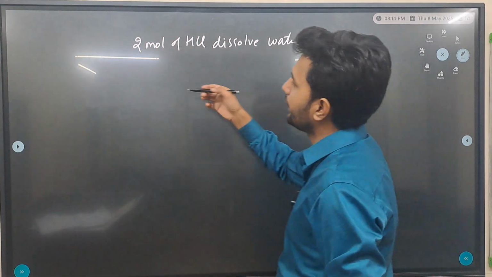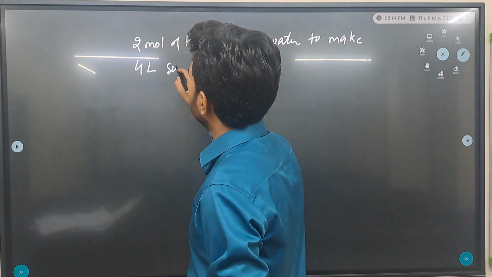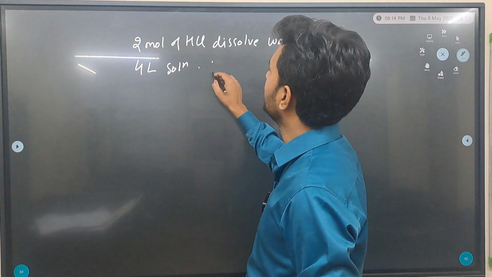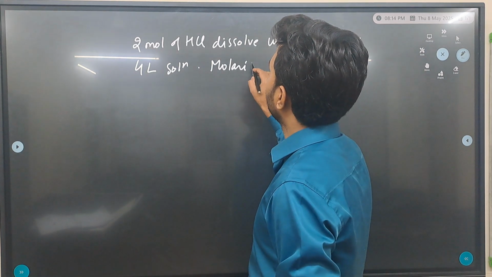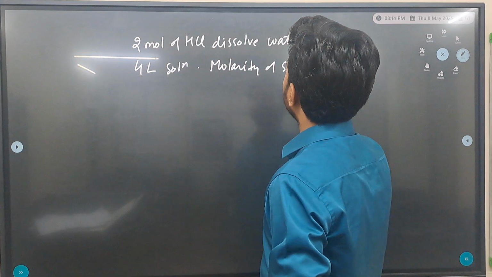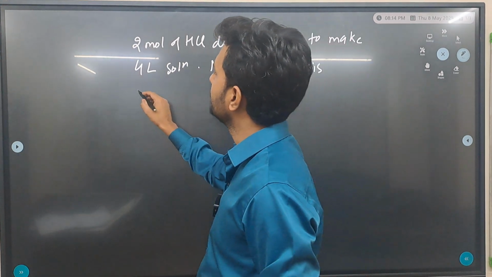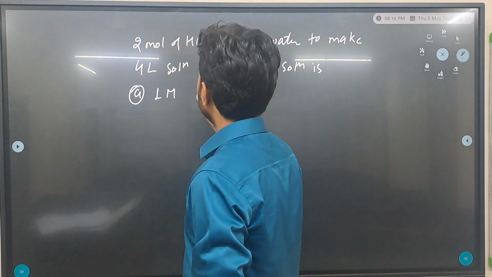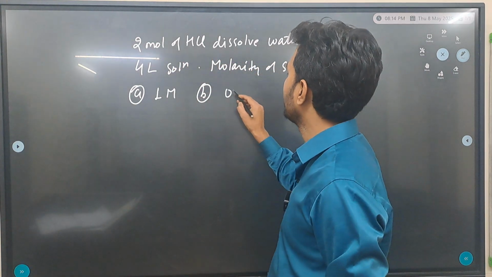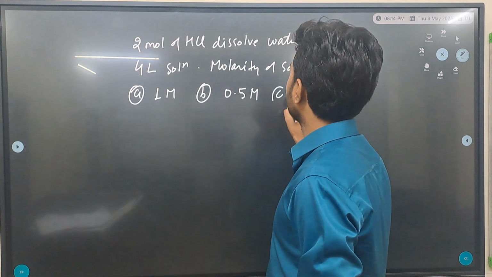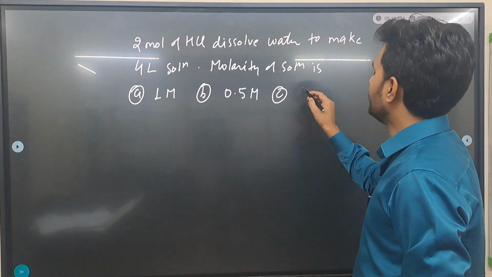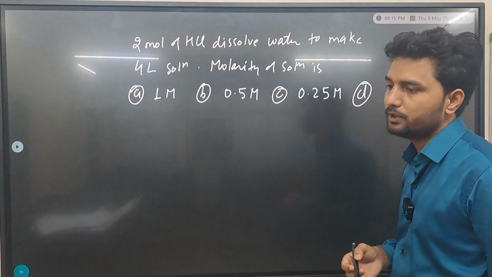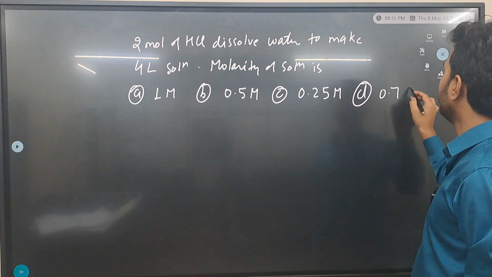Then the molarity of the solution is: option A is 1 molar, option B is 0.5 molar, option C is 0.25 molar, and option D is 0.75 molar.